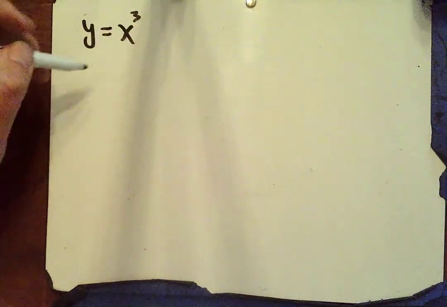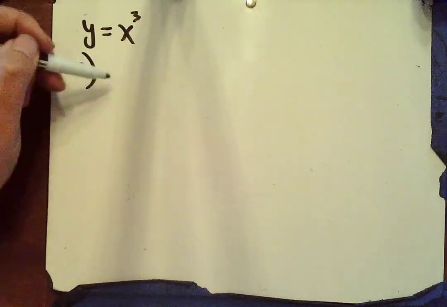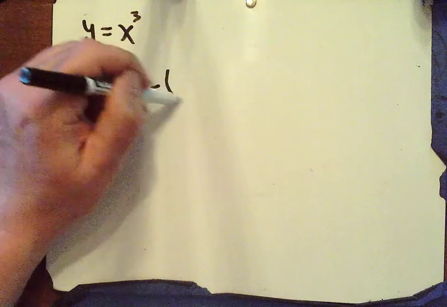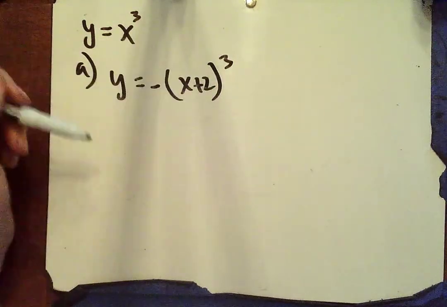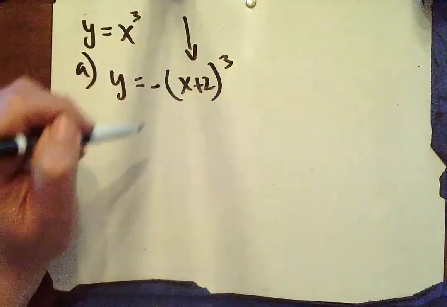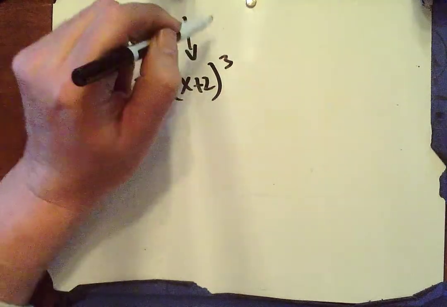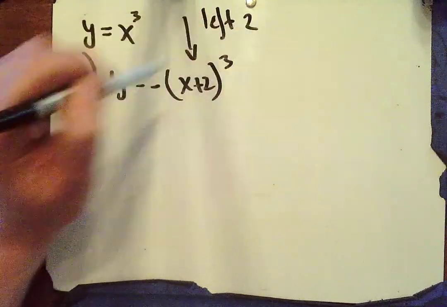4. Graph each, explain how they are transformations of y equals x to the third. So when I look at a, I see y equals negative x plus 2 to the third. Well, I see two transformations going on in here. One, inside the function, I'm moving left 2.